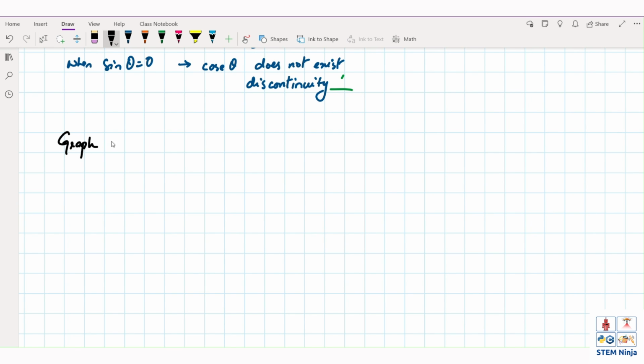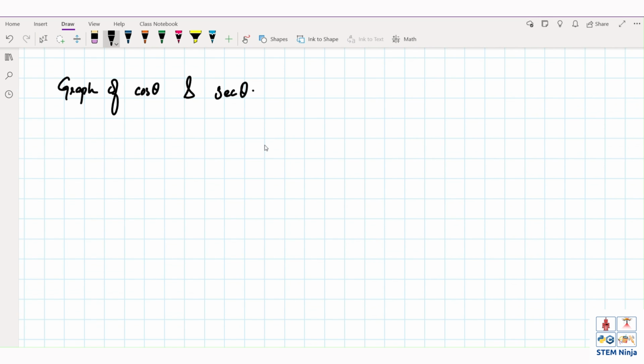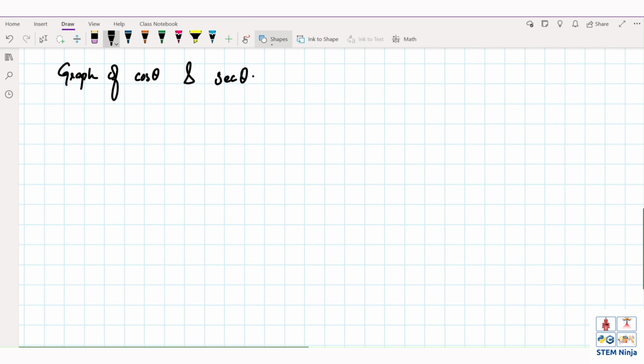So let's see. Graph of cosine theta and secant theta. Now what I'm going to do is quickly draw the cosine theta, and then we'll see similarly how to deal with the secant theta.